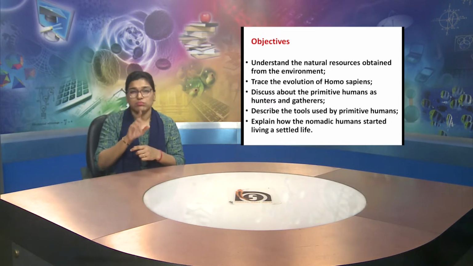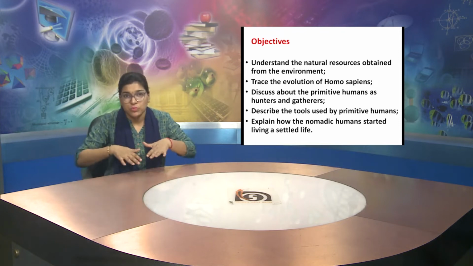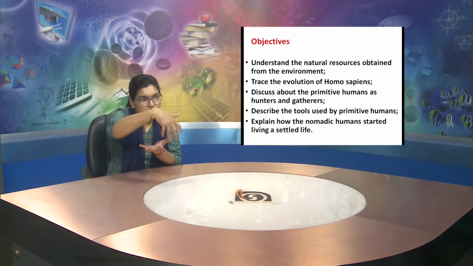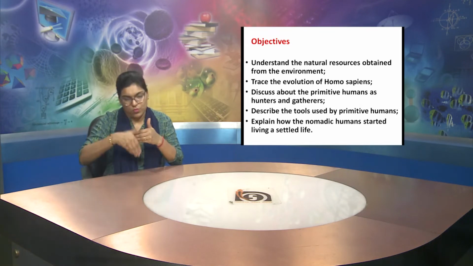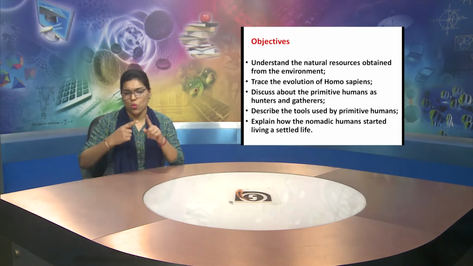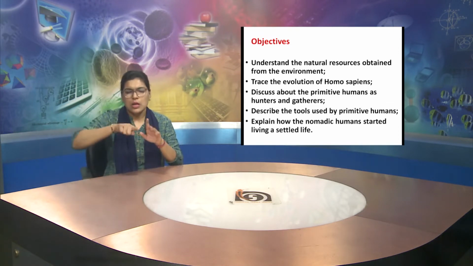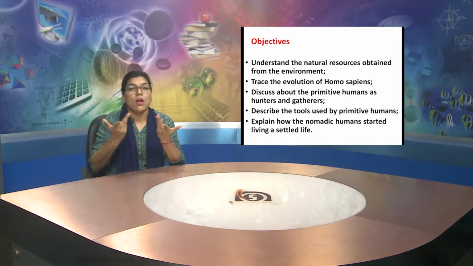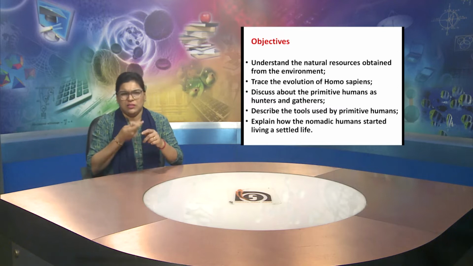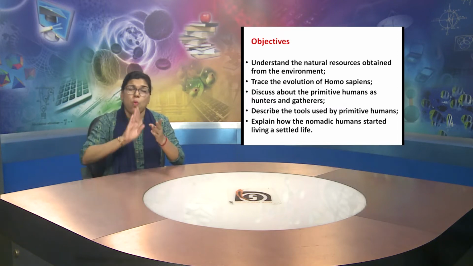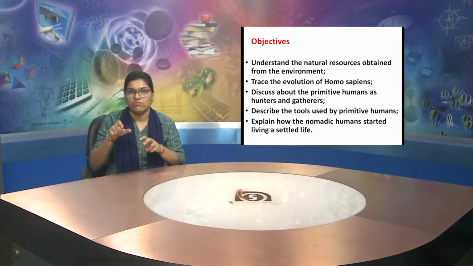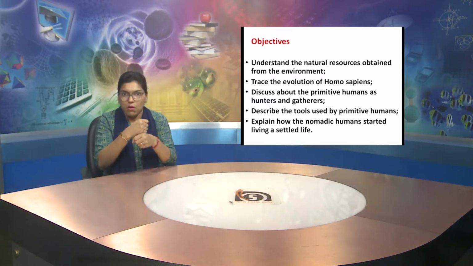The third objective of this lesson is that we will also be able to understand and discuss all the primitive humans as hunters and gatherers. We will understand all this later. The next objective is that we will be able to describe the tools used by primitive humans for different purposes, which that primitive human was using at that time.